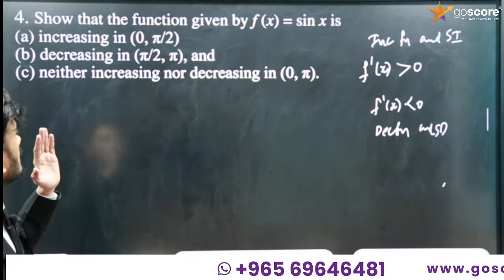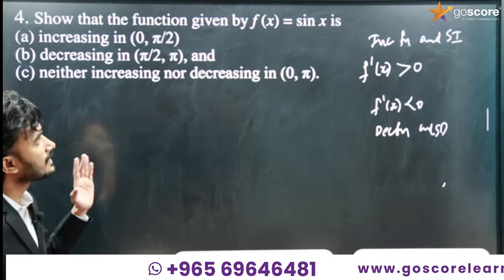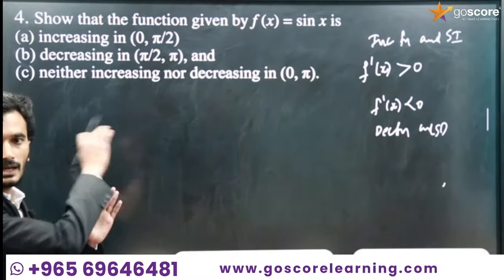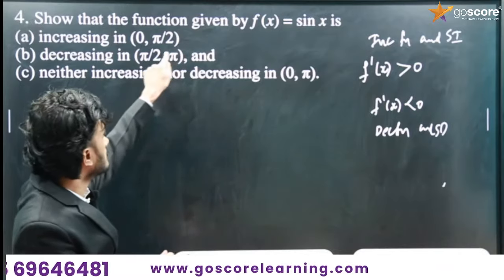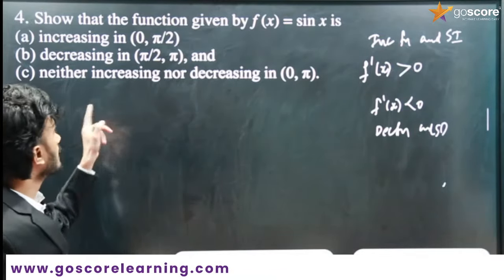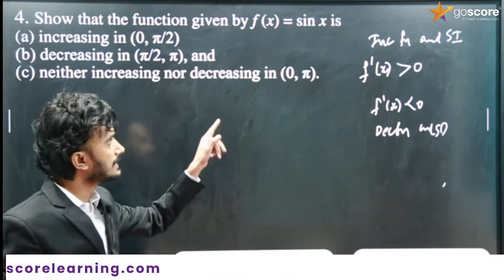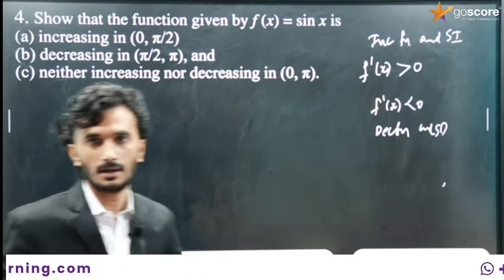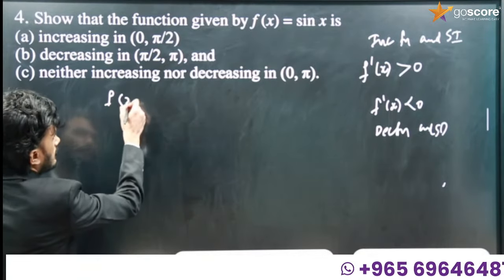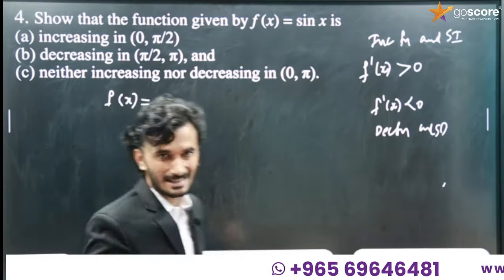First we will show that the function given by f of x equals sin x is increasing in 0 to pi by 2, decreasing in pi by 2 to pi, and neither increasing nor decreasing in 0 to pi. For an increasing and decreasing function, first I will write f of x, which in this question is sin x.